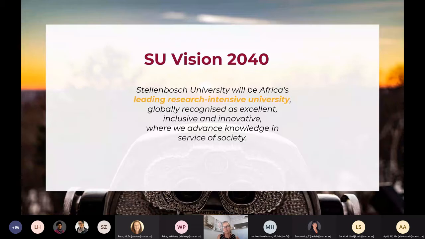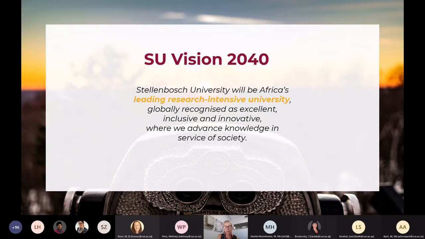Okay, so let me start right at the top. Stellenbosch University's vision for 2040 unequivocally states that we want to be, or we will be rather, Africa's leading research-intensive university. That's a huge ambition, because you will know that Stellenbosch University stands alongside some other pretty strong research universities in the country and also on the continent.